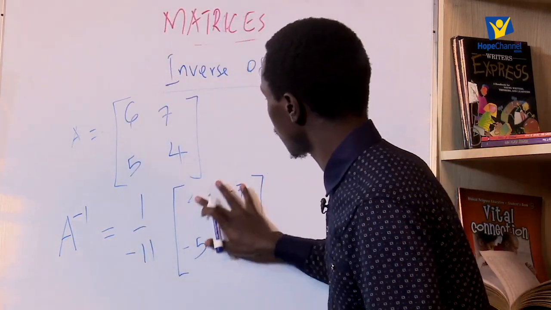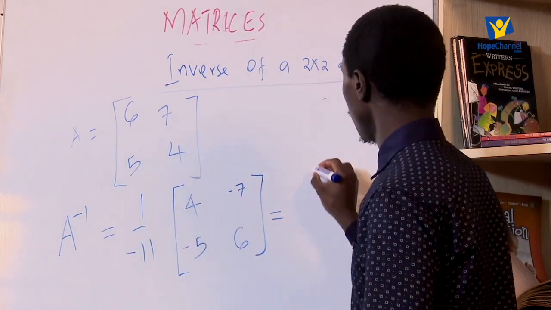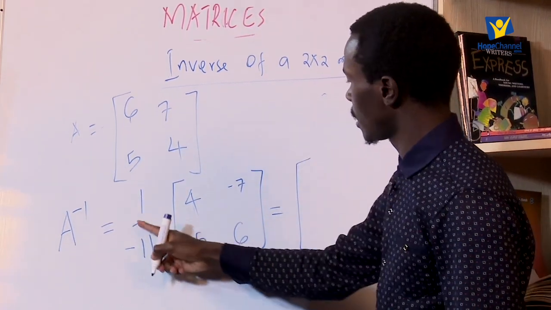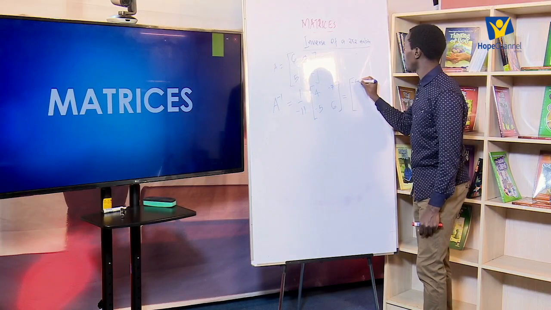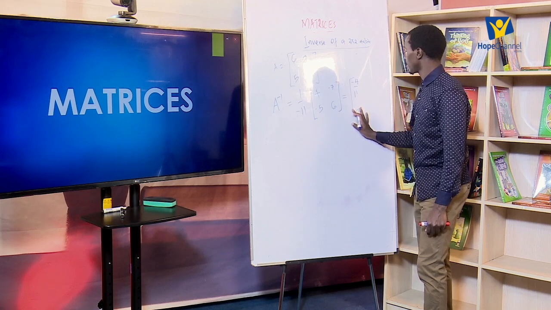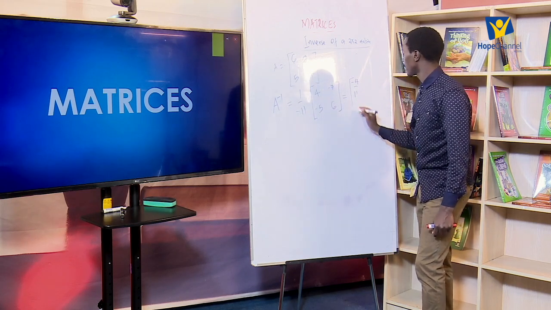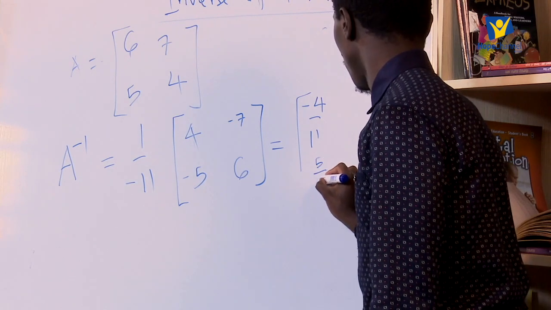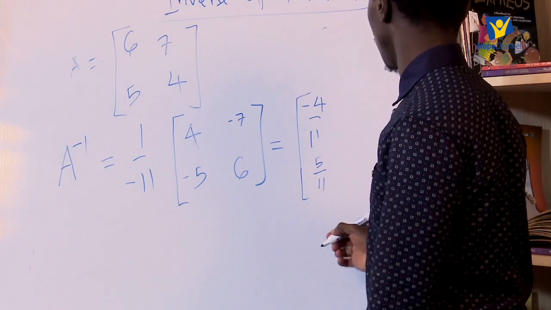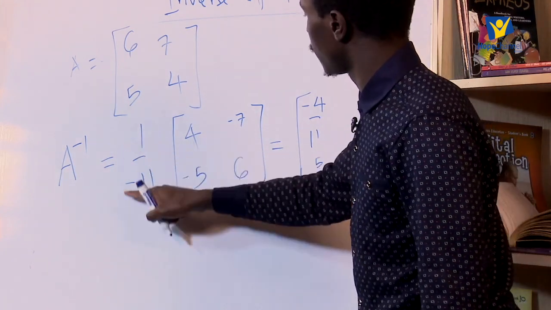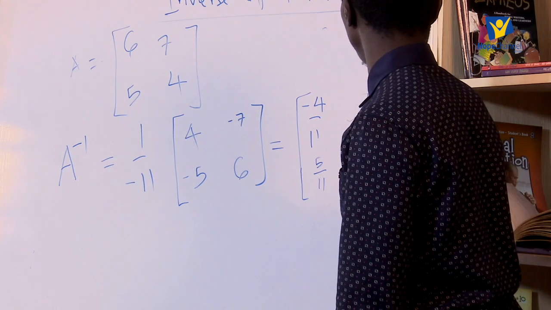So after getting that, if we open this bracket, let's see. Negative 1 over 11 times 4 gives us negative 4 over 11. Then negative 1 over 11 times negative 5 gives us positive 5 over 11, because it is a multiplication of negatives. Negative 1 over 11 multiplied by negative 7 gives us positive 7 over 11.